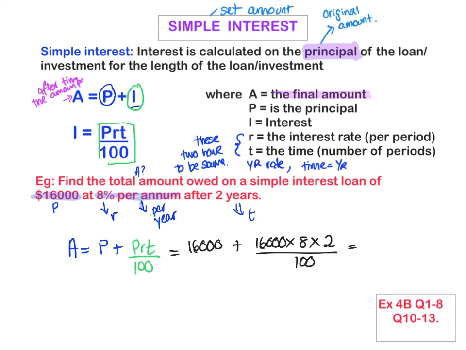The total amount owed on this simple interest loan. So if they're not paying anything off as we go along, after 2 years, for borrowing that money from the bank, they'll have to pay back the bank that amount. Okay, so today you're just going to practice these questions, just basic simple interest questions. So they're down here.